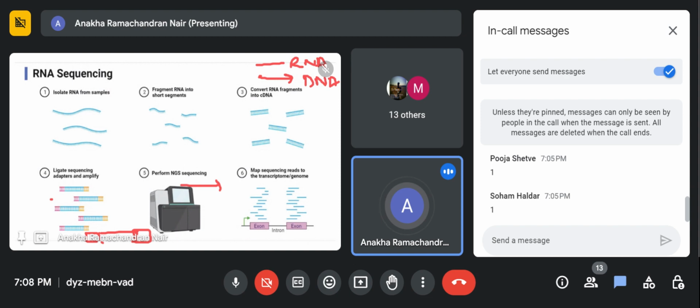And then you perform the sequencing and you use the data to figure out the sequence of the RNA. So what you use is adapters because these are short double-stranded DNA fragments of known sequence, so they can be used for the NGS. All right, so that is the correct answer.